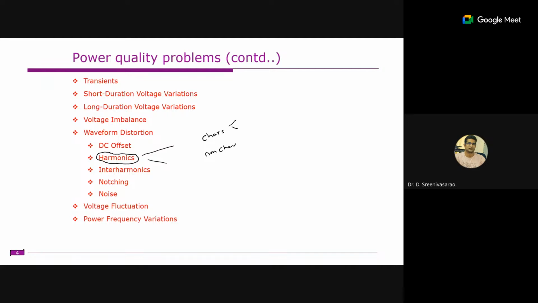The characteristic harmonics are of certain harmonic numbers that we can define. For example, consider a three-phase rectifier circuit feeding some R load, and assume the load current is constant on the DC side. That will produce a waveform like this. This is the input current waveform of the three-phase rectifier.